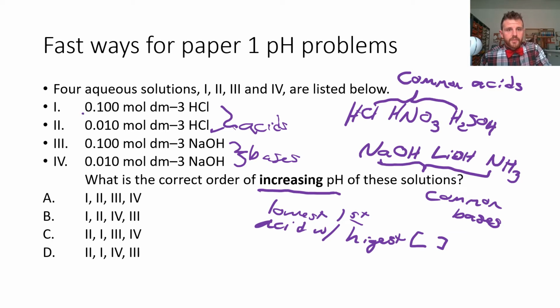So I've got this acid, and it's going to have a highest concentration, so that means I've got to have 1 first, and then I've got an acid with a low concentration, 2. This base has the highest concentration, so that's going to have the highest pH, so that's going to be last. And then I've got a base with the second lowest concentration. So our answer should be 1, 2, 4, 3. There it is.